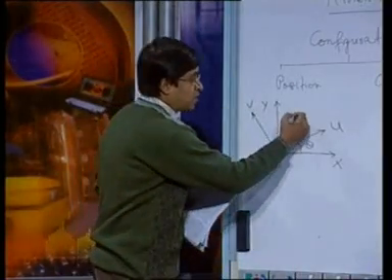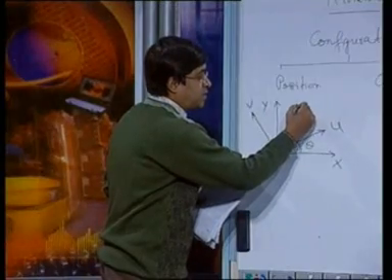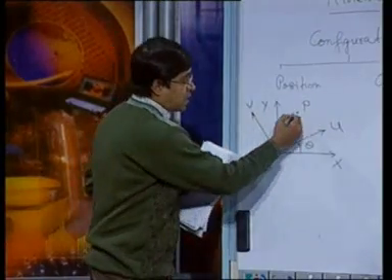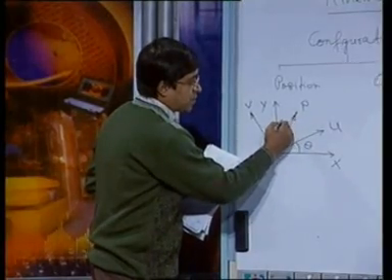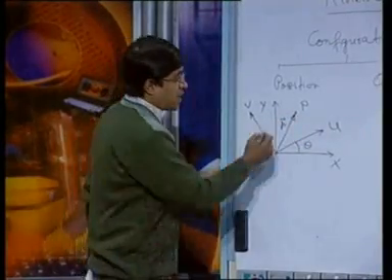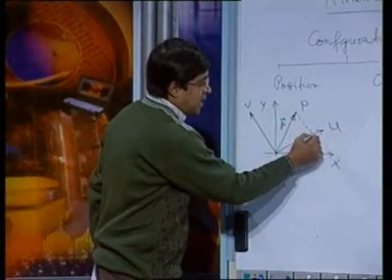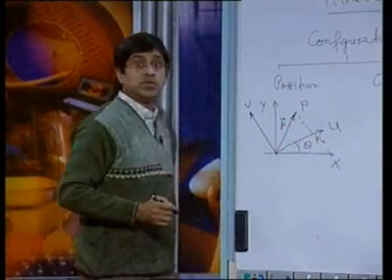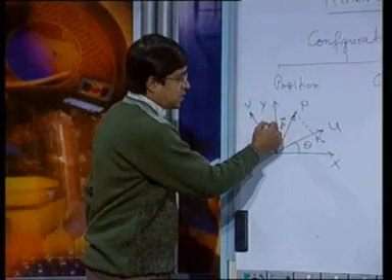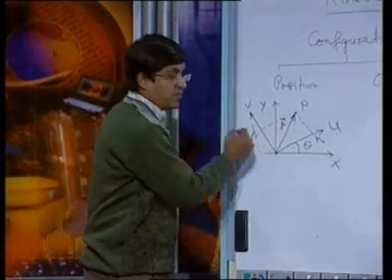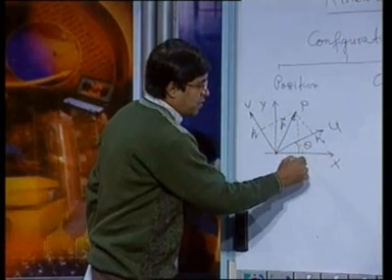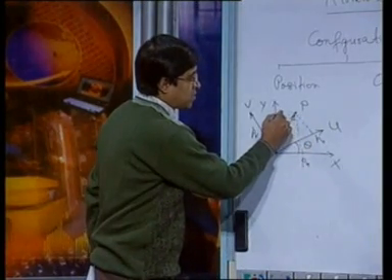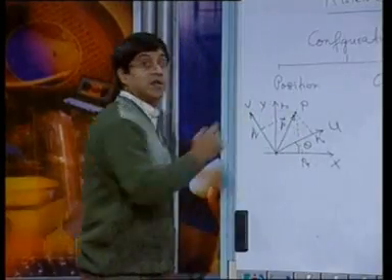We will take a point, say P here, and this vector P has a component P u and a component P v. Then along the fixed frame it has a component P x and a component P y.